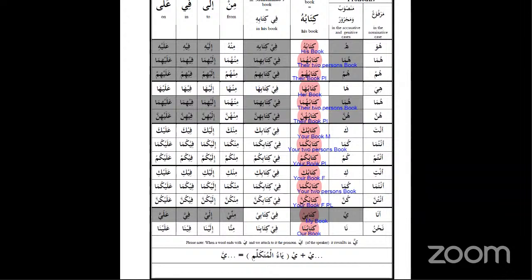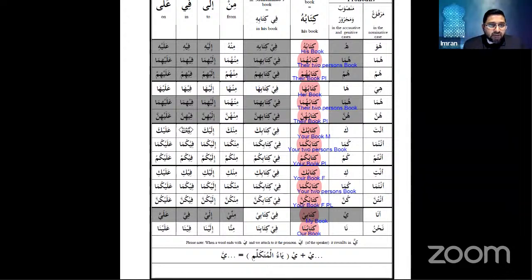Kitabuka, your book, masculine. Kitabukuma, your two persons' book. Kitabukum, your book, plural. Kitabuki, your book, feminine. Kitabukuma, your two persons' book. Kitabukunna, your book, feminine, plural. Kitabi, my book. Kitabuna, our book. Excellent. Thank you ever so much.